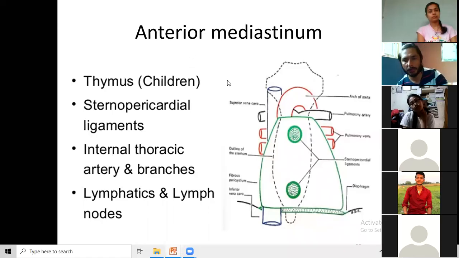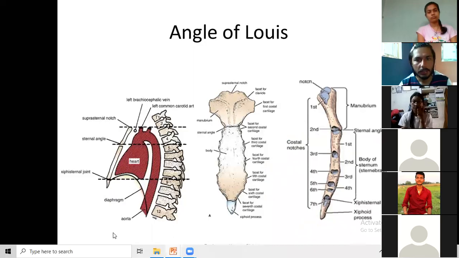Now see the anterior mediastinum here. Before that, we'll go to the previous slide to see the picture. Can you see this picture here, the position of the heart? Yes, sir. Yes, this is the heart, pericardium and heart. Just in front of the pericardium and heart, there is a space. This is the anterior mediastinum. Just behind the pericardium and heart, you will see one space.